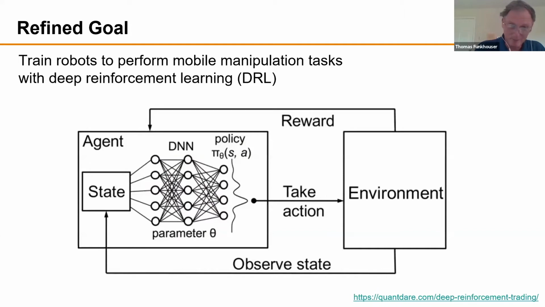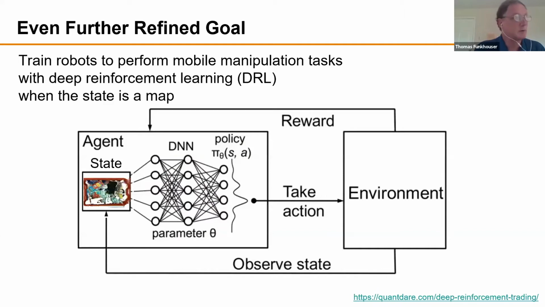And I'm going to refine it even further by saying that we're going to consider only cases where the input to the network is a map or an image. So in the case shown here, the input is, I call it state, but really it's a top-down view of the bin that is seen from some sort of camera. And so the state is represented as a map.